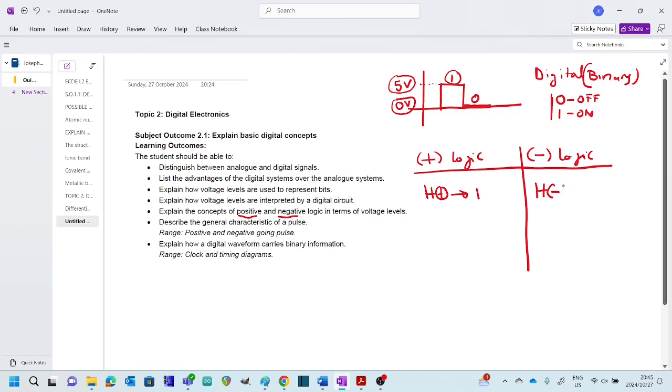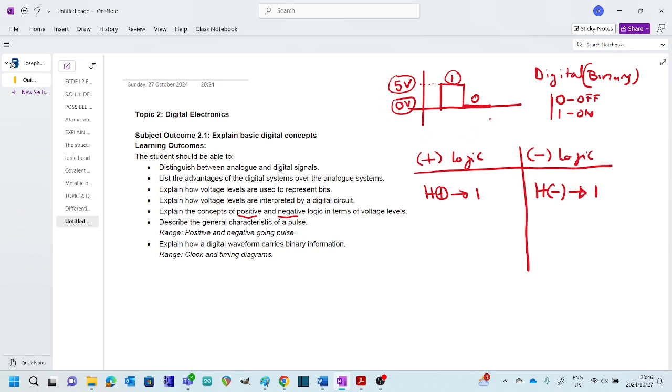When I give an example, you will probably understand what I mean. This number in the negative logic is going to represent a 1, which means any number that is positive or highly positive is going to represent a 0. Why? Because we are dealing with the negative logic. I hope I'm making sense.